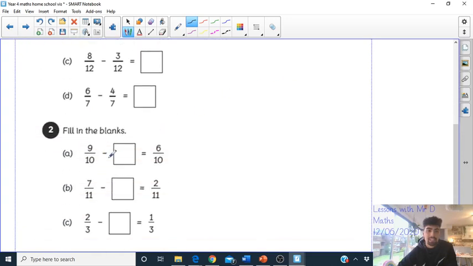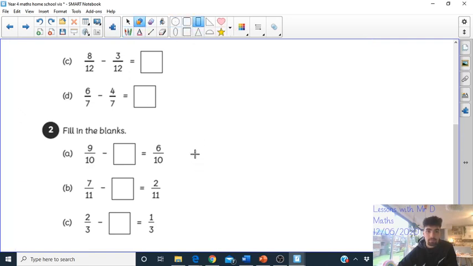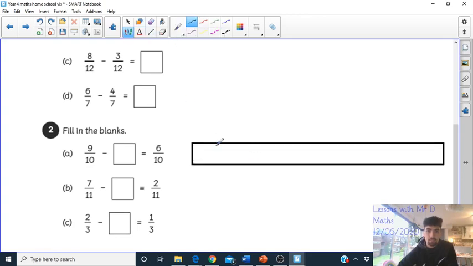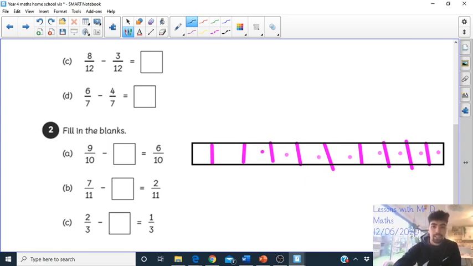This is a bit of a missing number, but you have 9. So I'll just show you what this one's meaning. Let's do it as my bar. So I've split it into tenths now. 1, 2, 3, 4, 5, 6, 7, 8, 9, 10 parts.